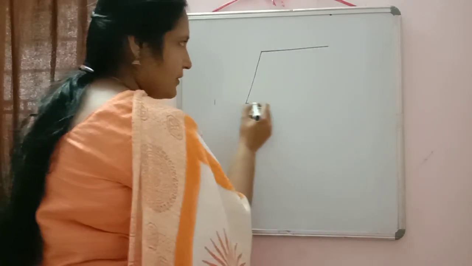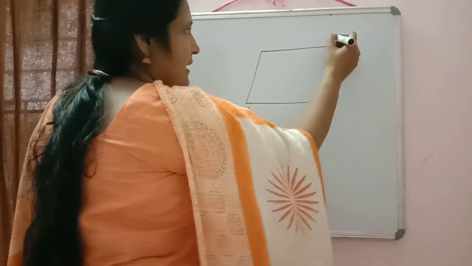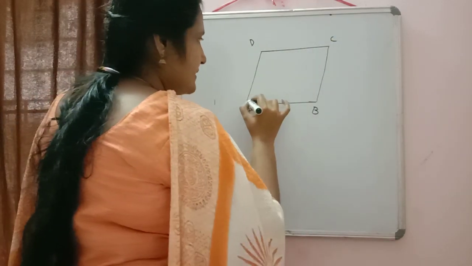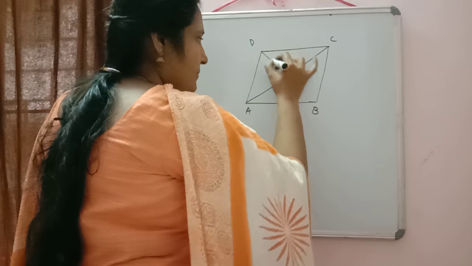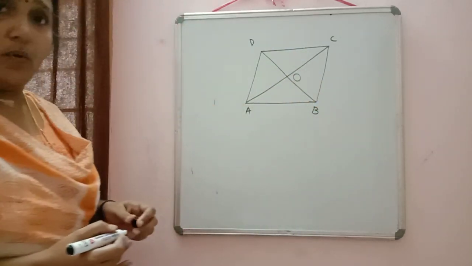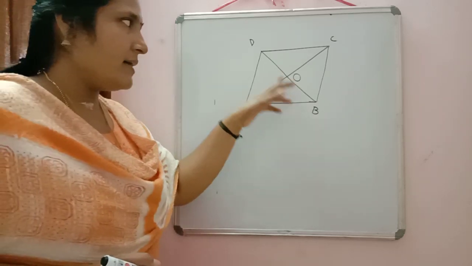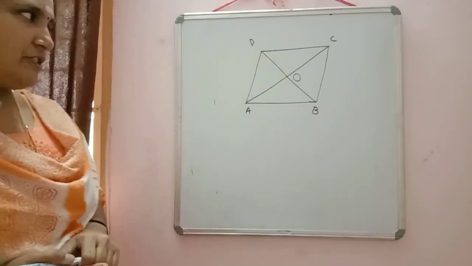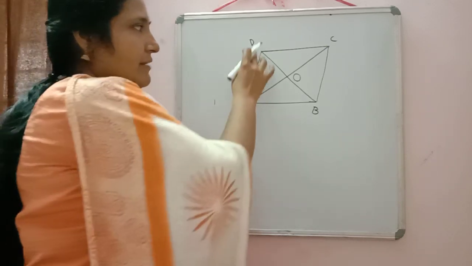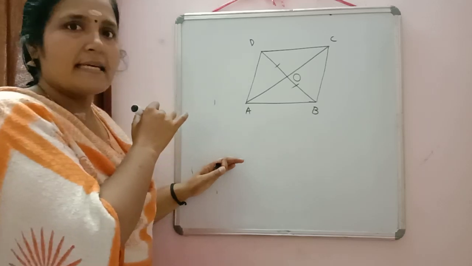In a parallelogram, if I have drawn a parallelogram ABCD, the diagonals are AC and BD, and suppose they intersect each other at O, and the property is in a parallelogram diagonals bisect each other, which means AC divides BD in the ratio 1:1, bisect each other.